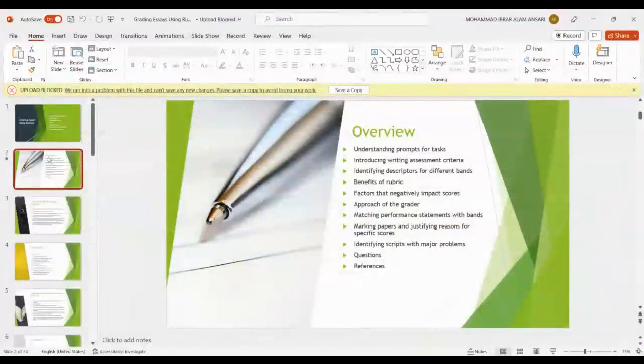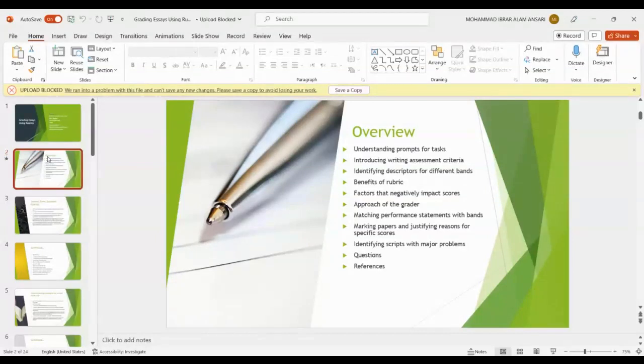So let me walk you through different stages of my presentation today. First of all, we'll have a look at prompts for tasks, prompts that we have for our essays that we give to our students. And then we'll take a look at writing assessment criteria.